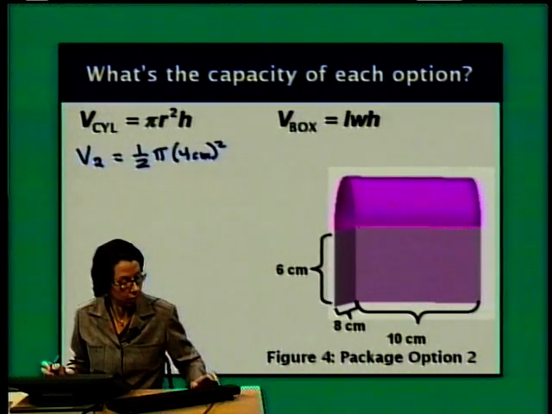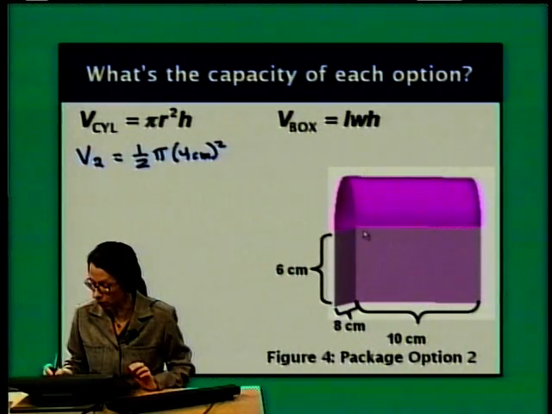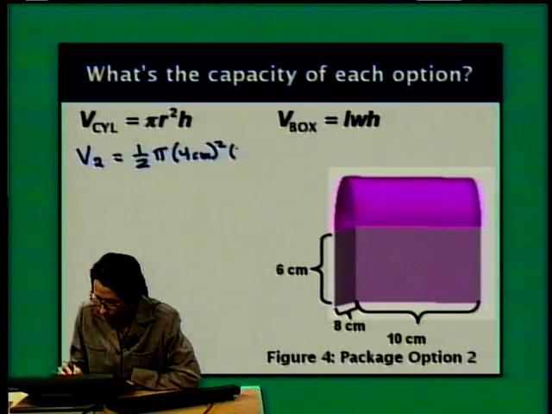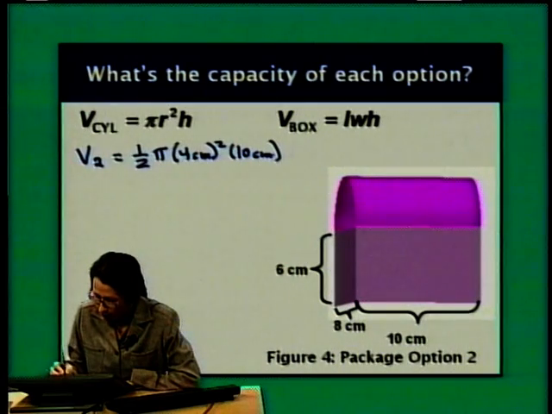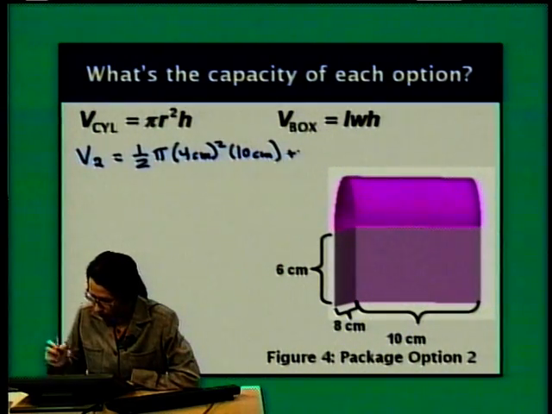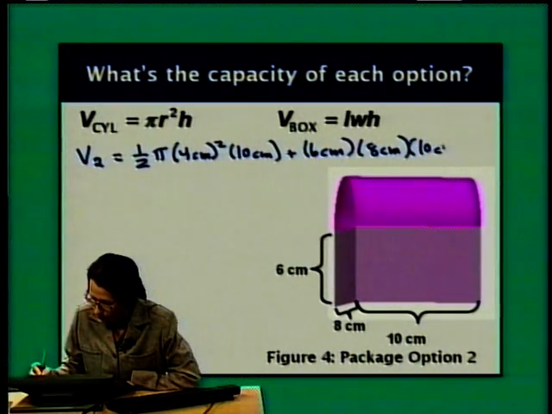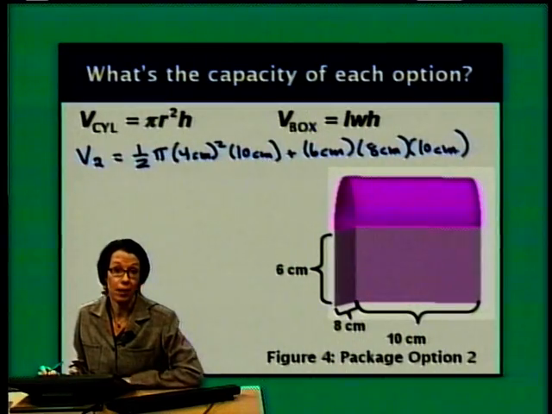Well, the height of the cylinder is horizontal this time, and that's 10 centimeters. And now I'm going to add in the volume of the box, which is just 6 centimeters times 8 centimeters times 10 centimeters.